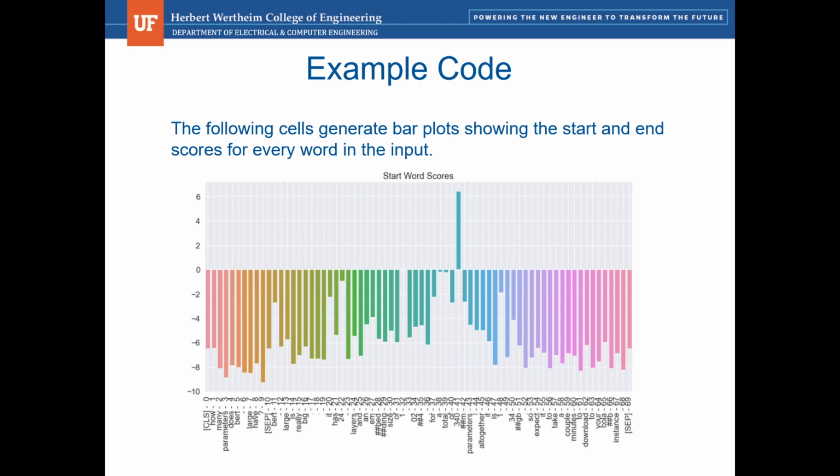This is the start word score for every word in the input. The score, as you can see, is positive here, and it's very high for the token 340, and then it's actually negative for every other token.